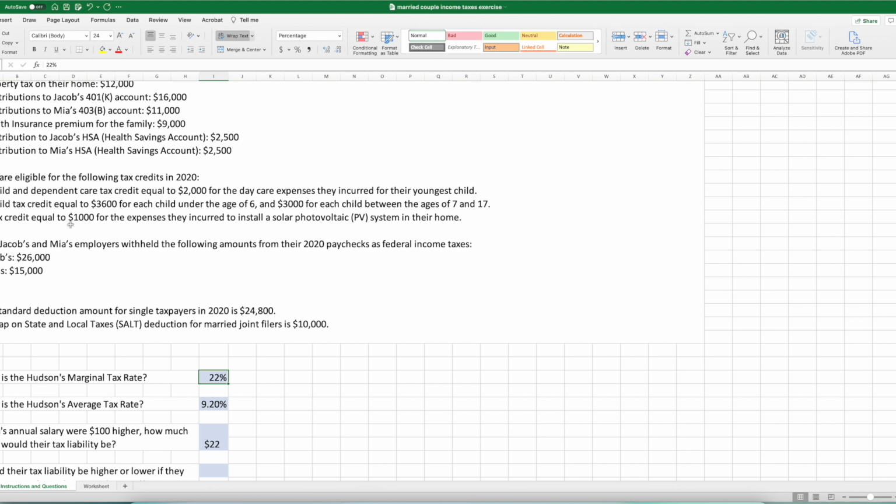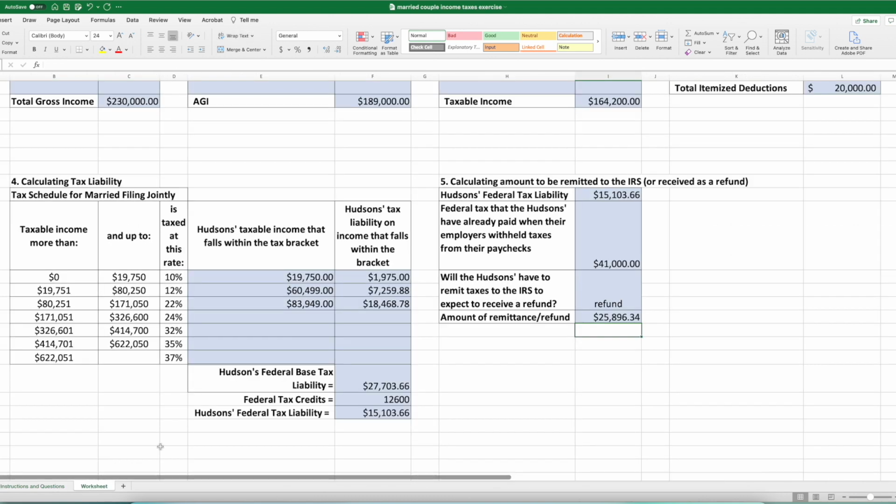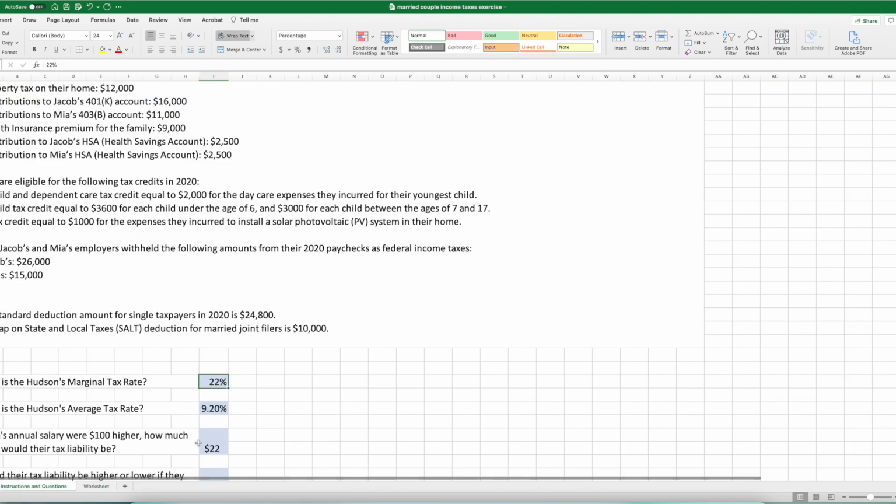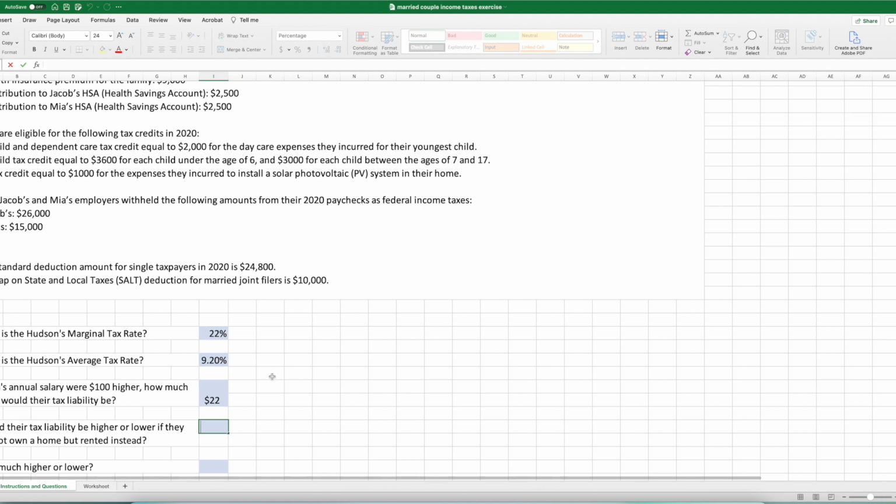Okay, they wouldn't have incurred this expense and they wouldn't have a tax credit for it. So their tax credit would be lower by $1,000, which means their tax liability would be higher by $1,000. Okay, so their tax liability would be $1,000 more.